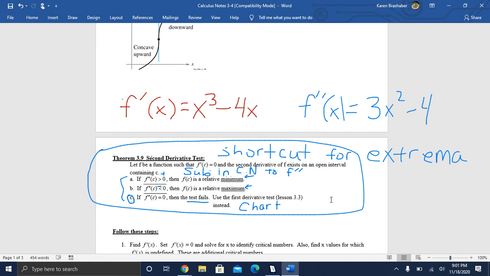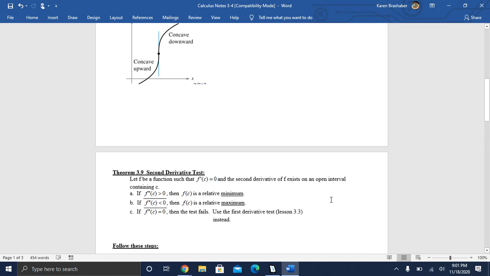So now I'm going to have us look further down the notes page.